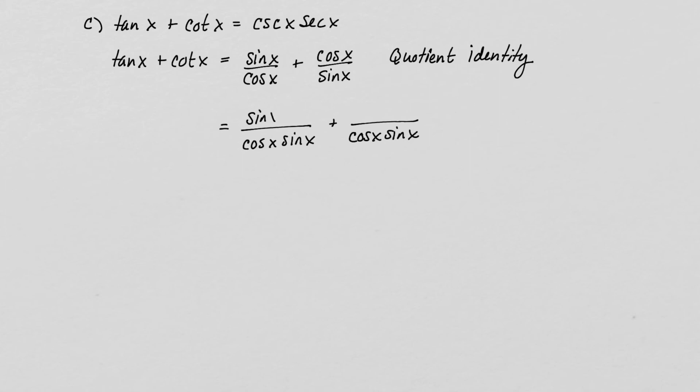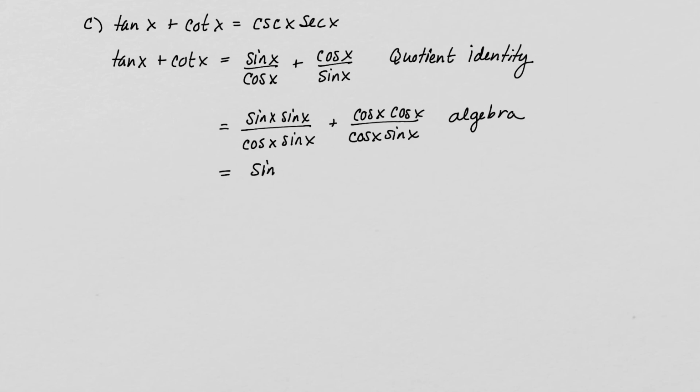So I'm going to have sine x times sine x. And on the second one, the bottom here was sine x. The bottom now is cosine x sine x. So I need to multiply the top also by cosine x. So I have cosine x times cosine x. So all I did here was some algebra.